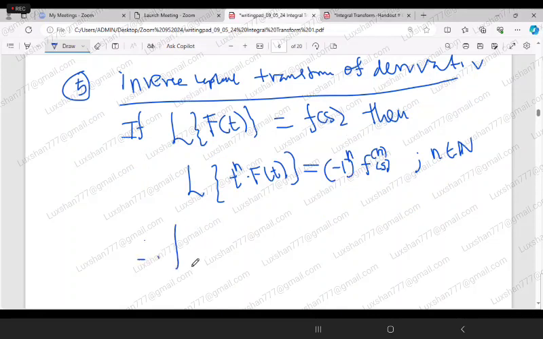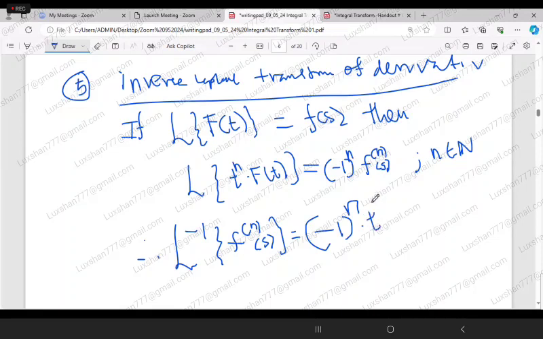Therefore, we can say that the inverse Laplace transform of the derivative of this function equals, so I can bring this minus 1 to the power n to this side, minus 1 to the power n into t to the power n into f(t).